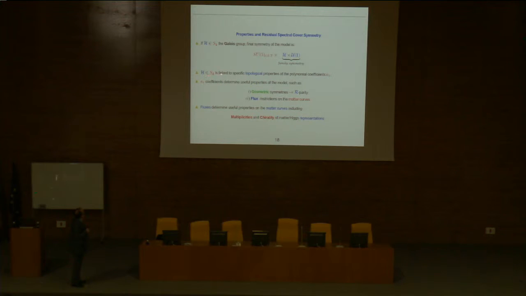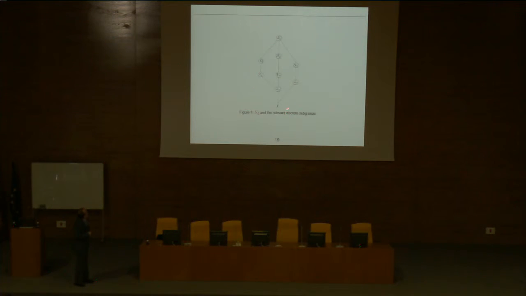The interesting thing is that this group is linked to the specific topological properties of the coefficients of the polynomial of the spectral cover that we have just shown. And such properties are geometric symmetries, which, as we will see, give R parity, or flux restrictions on the matter curves, and these determine multiplicities and chirality of the model. So in order to have a picture of these symmetries, I'm showing you this graph.